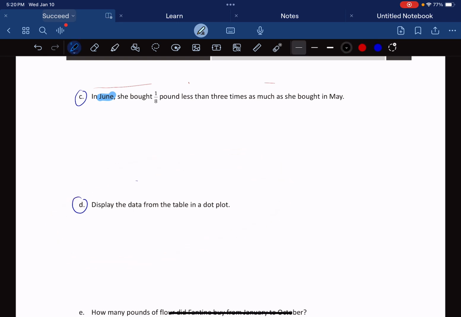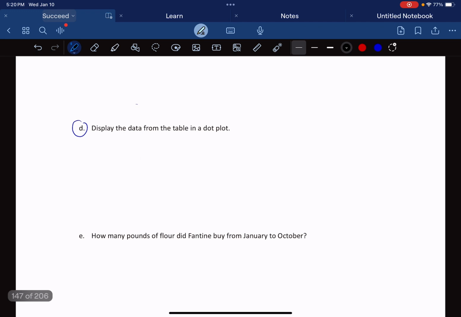I will say one more thing. If they don't remember what a dot plot is, it is a number line. I'm just going to, this is not the correct answer, so don't try to put this in. But I would have a number line, and for example, I would say, well, here's 1, maybe here's 1.5.